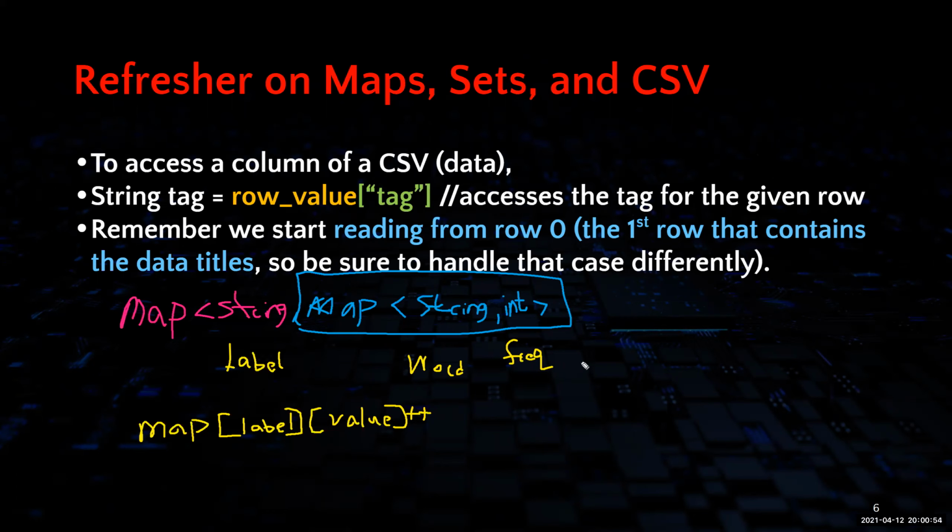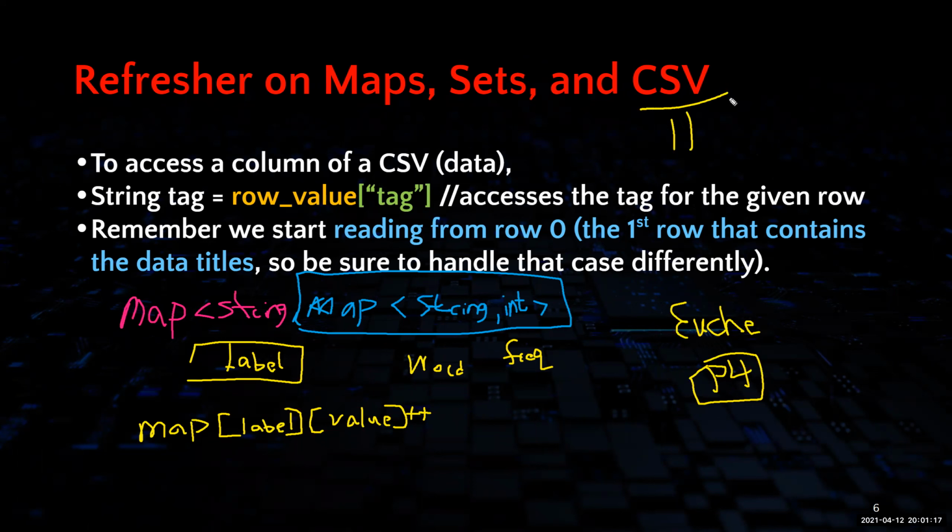Why double map? Oh, that's a great question. Double map because we need to keep track of the word frequency pair for a given label, right? So let's say I want to find how many times the word euchre occurs in the post P4. The answer should be 0, right? But that's a different question than asking how many times the word euchre occurs in general. The word euchre might occur 11 times in general, but all 11 of those come from euchre posts.